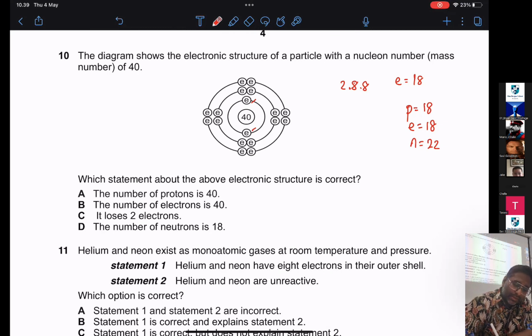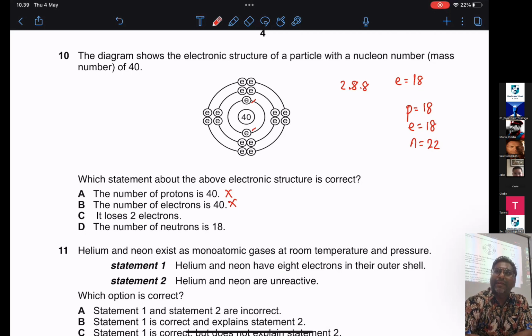Total number of electrons is going to be 18. They even mention the mass number is 40. Do remember, number of proton and number of electron must be the same if it is an element. So let's say proton is 18, electron is 18. Can you find the number of neutron?